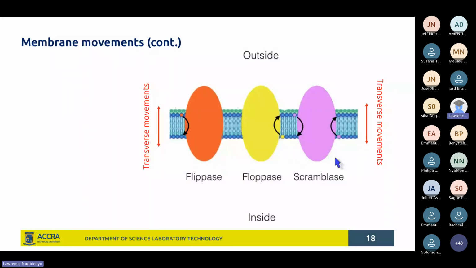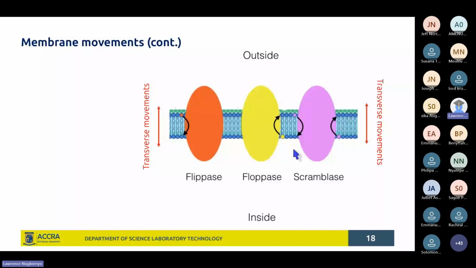It can catalyze both flip and flop. But with this enzyme, there is not going to be the expense of energy, which means the movement catalyzed by scramblase is an ATP independent movement. So you see these differences, and you take note of the enzymes flipase, floppase, scramblase.